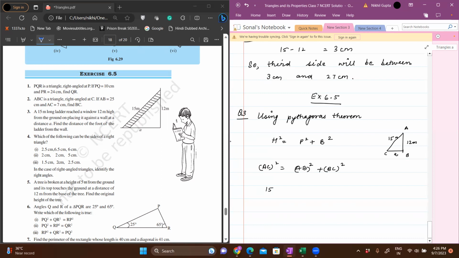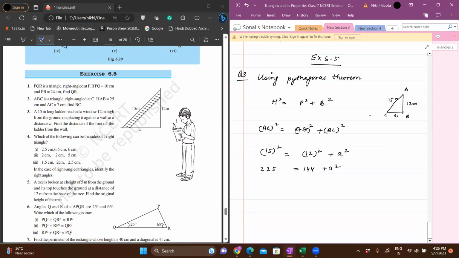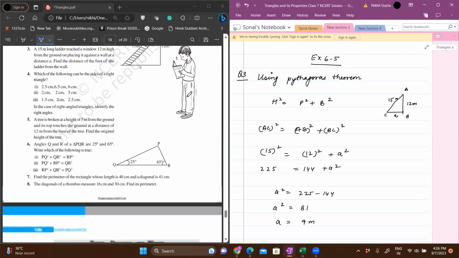So 15 square is equal to 12 square plus A square. 15 square is 225, 12 square is 144 plus A square. So A square will be equal to 225 minus 144. So A square is equal to 81. A will be equal to 9 meters. So the distance of the foot of the ladder from the wall is 9 meters.